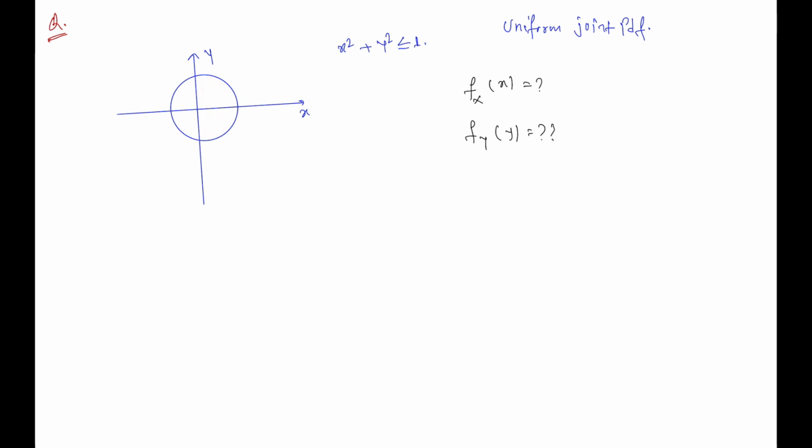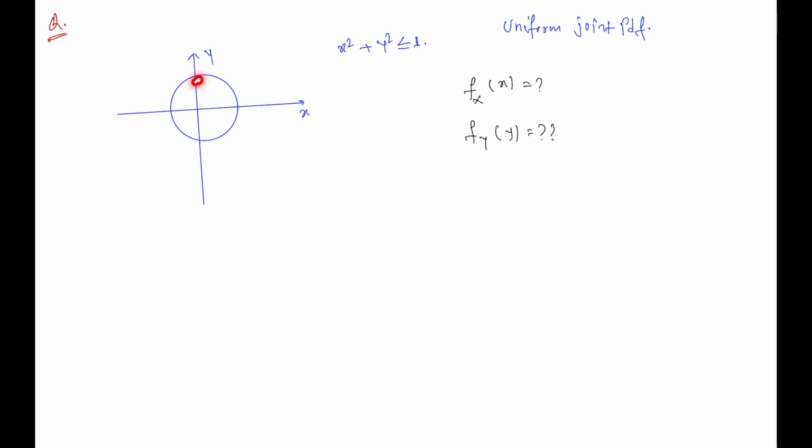So the total volume under the joint PDF should integrate to 1, right? If the joint PDF is uniformly distributed, the total volume should be 1.